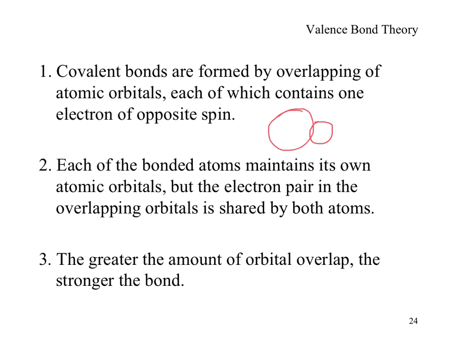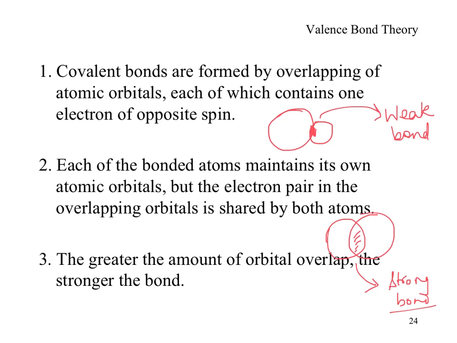So the extent of overlap is right over here, this part. And since it's little, essentially you can call this a weak bond. Now envision that the extent of overlap is larger, and that means that this will be a strong bond.